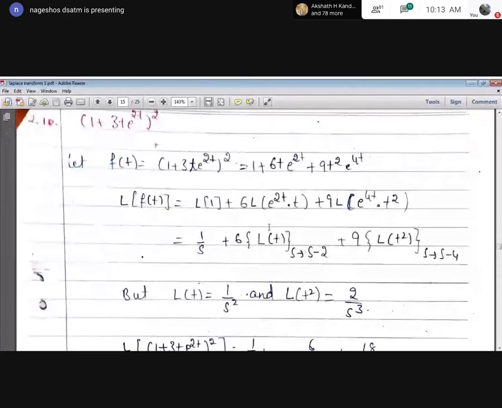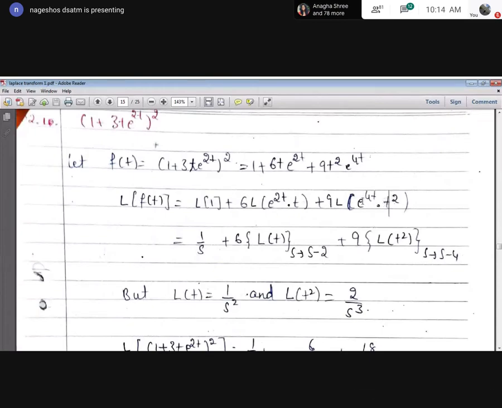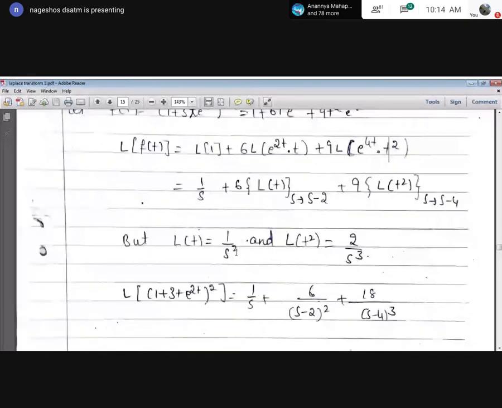So find the Laplace transform of this and substitute s by s minus a. So you will get the Laplace transform with s replaced by s minus 4. What is the Laplace transform of t? t power 1, factorial 1 by s power 2.